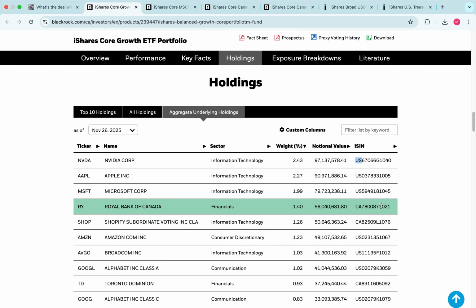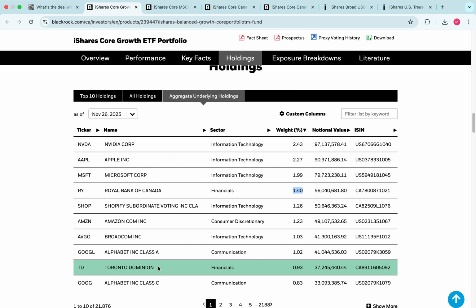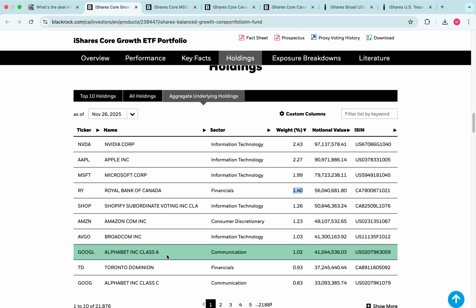And so your top Canadian stock is the Royal Bank of Canada, weighing in at $1.40 for every $100 you put into XGRO. Shopify is right below that at $1.26, and so on and so on. You get a sense of the Canadian stock market is much more tilted towards financials, banks, and that's very clear just looking right here at the top 10 listed here.